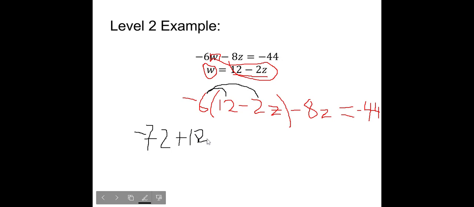Ooh, got away from me. And even though we finished up our parentheses, we still have -8z. And that equals -44 still.